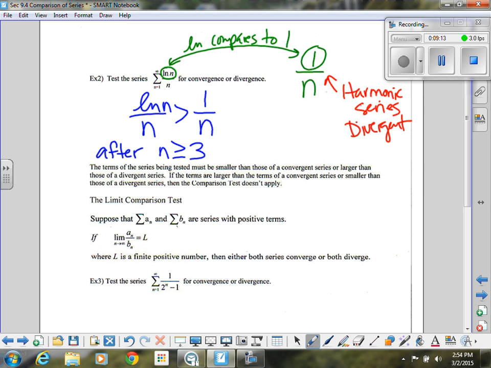So that must mean, since here's my a_n, here's my b_n, since a_n is larger than b_n and b_n is diverging, then a_n is also diverging.